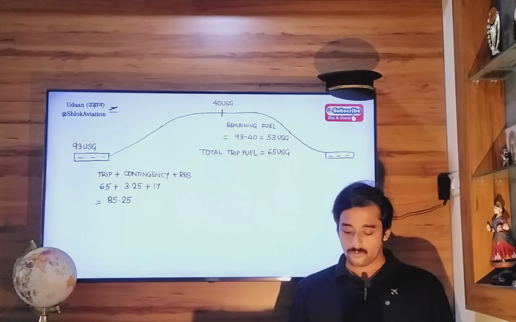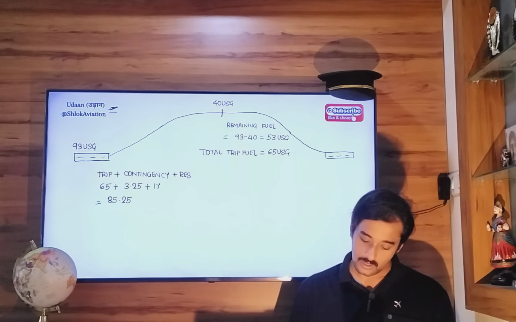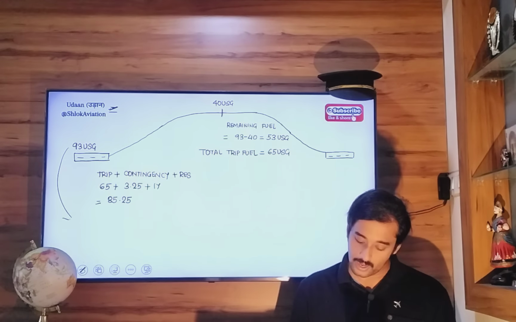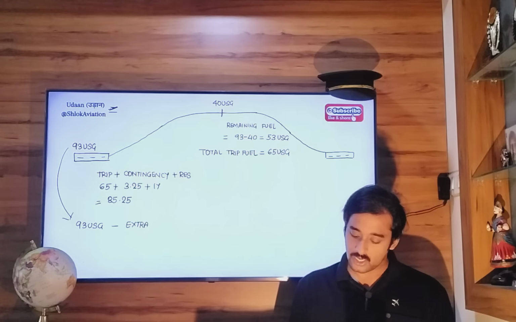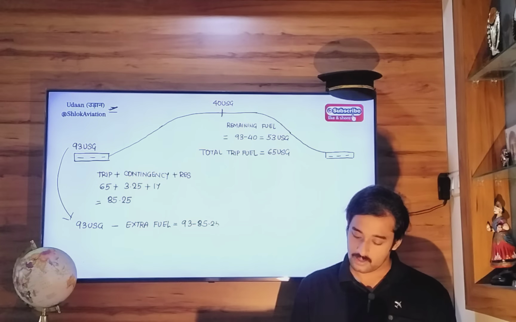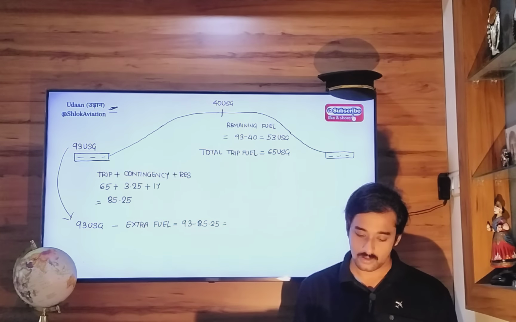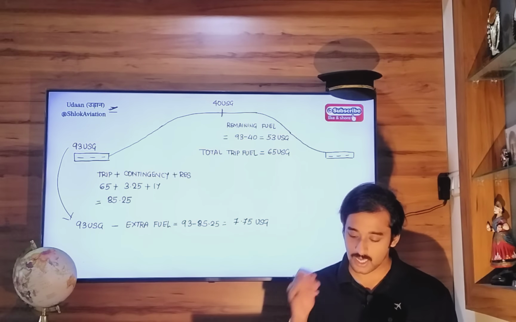This is the sum of trip fuel, contingency fuel and reserve fuel. And what is the fuel that you have? You have 93 US gallon. So the extra fuel that you are carrying is 93 minus 85.25, which is 7.75 US gallon.